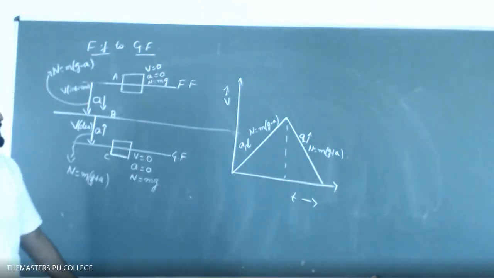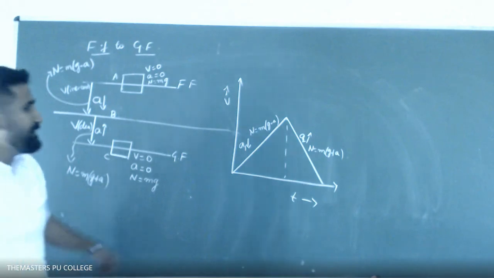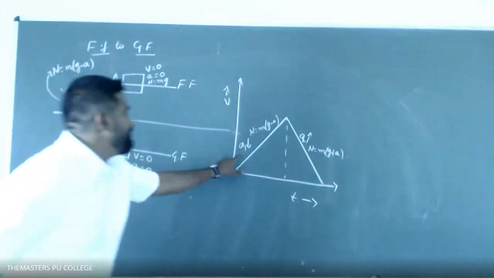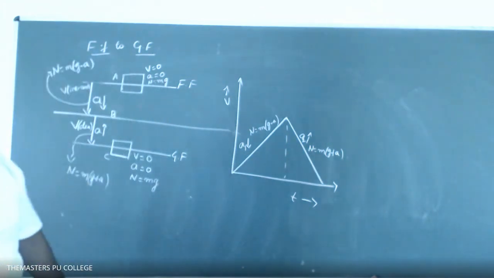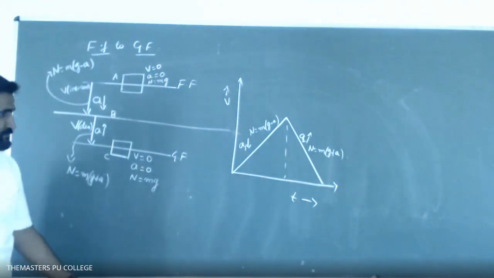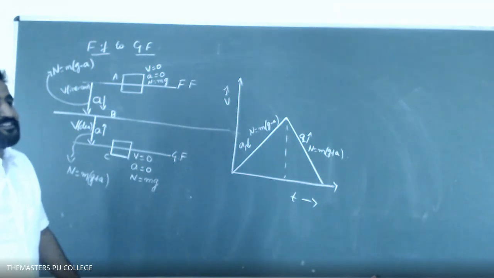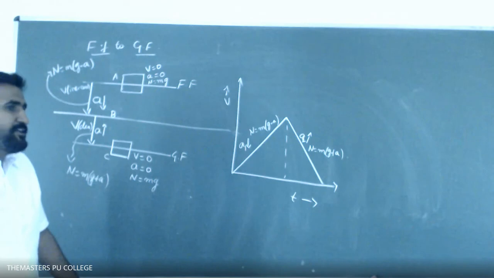Same graph, but here it is down, here it is up. There is a difference here. Top to bottom, first floor to ground floor: first the apparent weight is less than the true weight, then the apparent weight will be greater than the true weight.